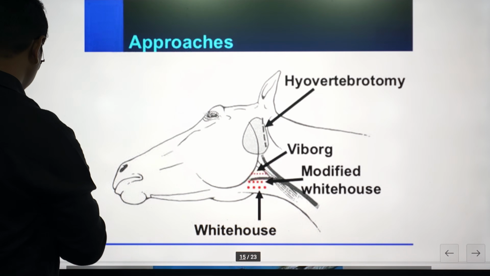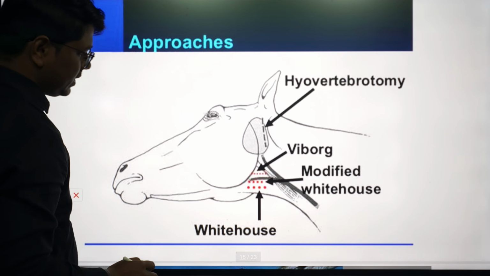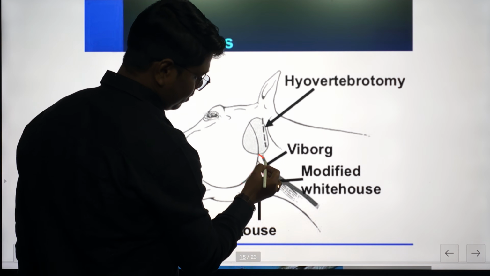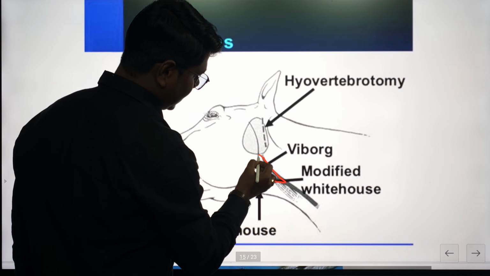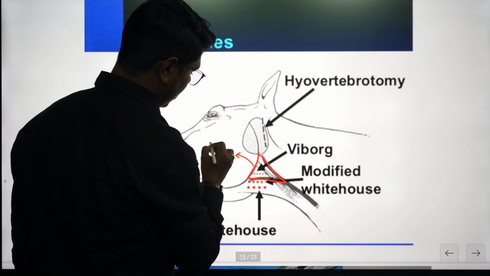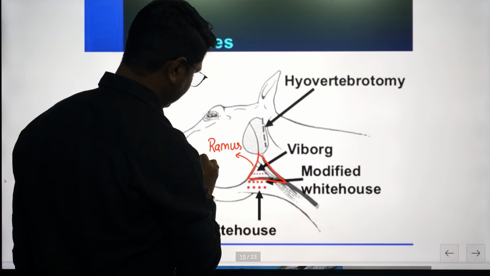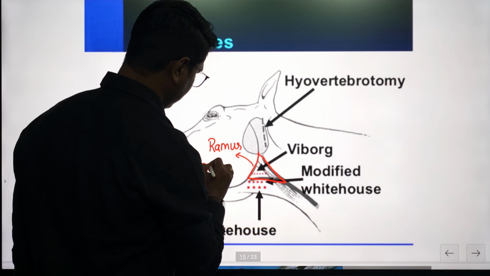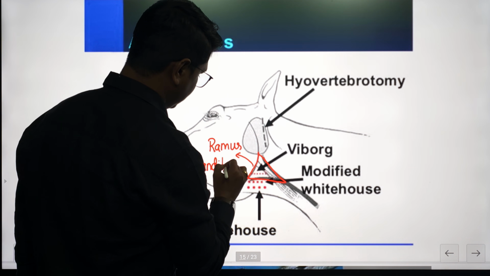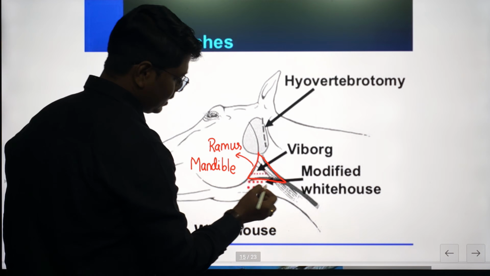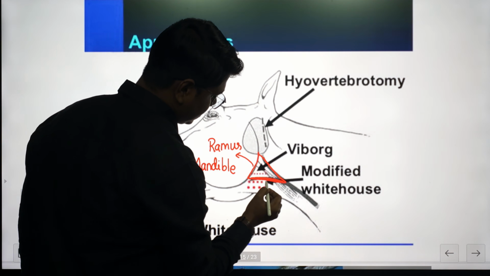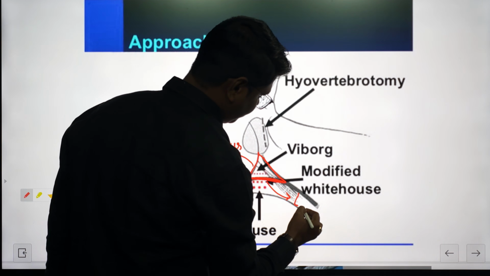See the image of the approach. So this is the Viborg's triangle. This is the ramus of the mandible. This forms the rostral border. This particular structure is the linguofacial vein.